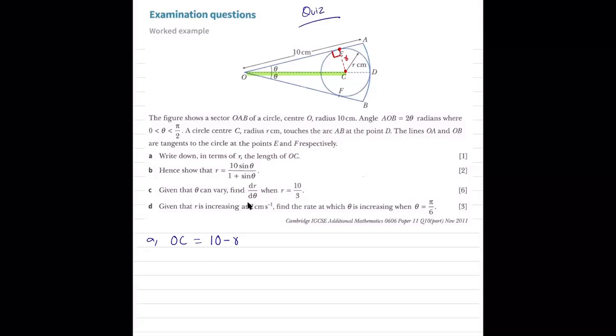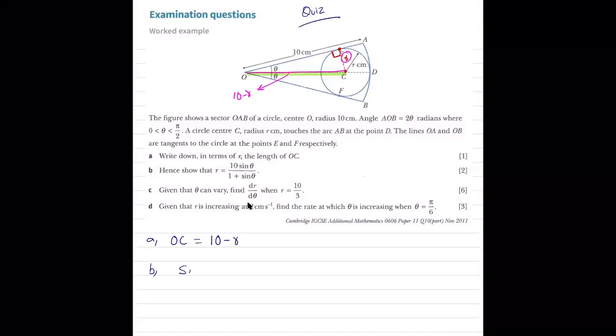Then if I use the length of OC as 10 minus r and EC as r, which trigonometric ratio can you think of? You have this length as opposite and this length as hypotenuse.